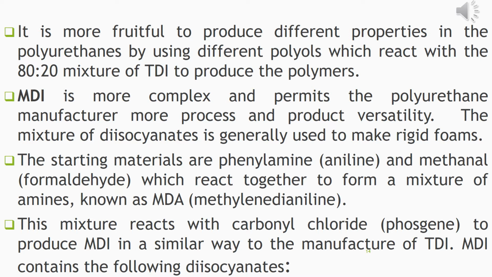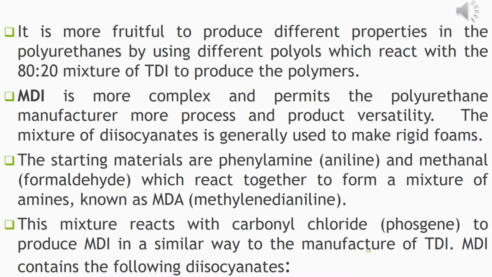If any industrialist or any industry is using different types of polyols to react with the diisocyanate, toluene diisocyanate, which is in the form of an 80 to 20 ratio mixture, different types of polyurethanes will be produced, and they will have different properties.